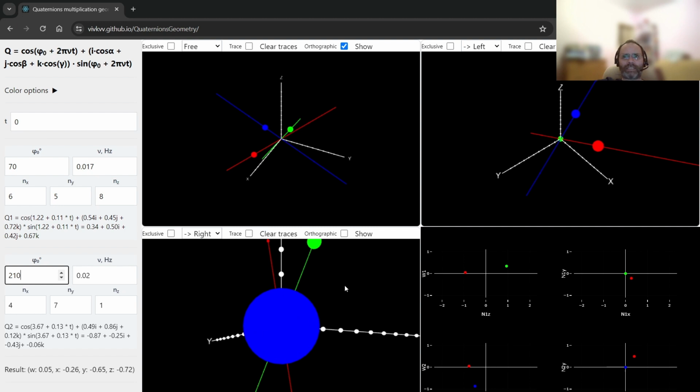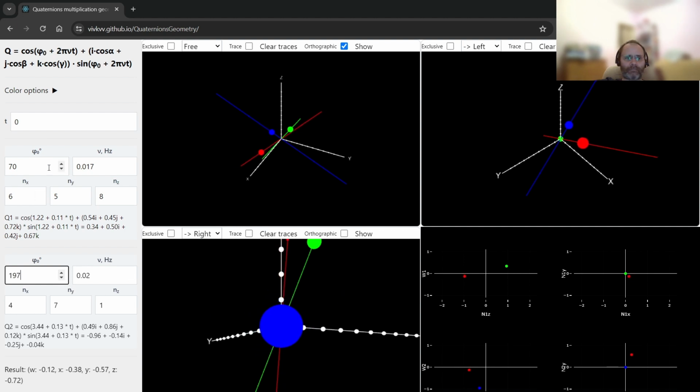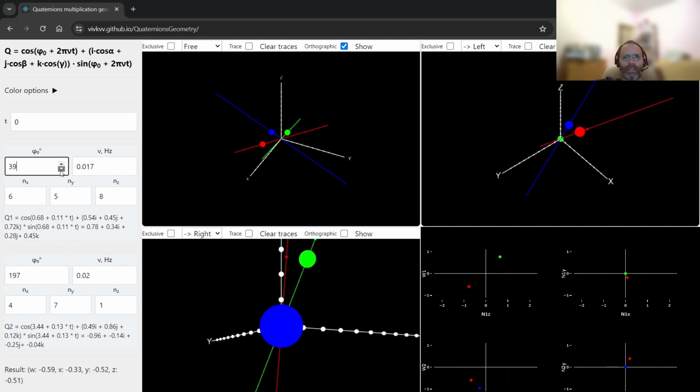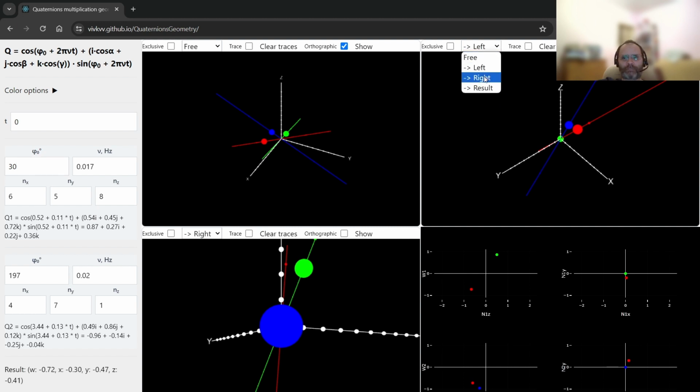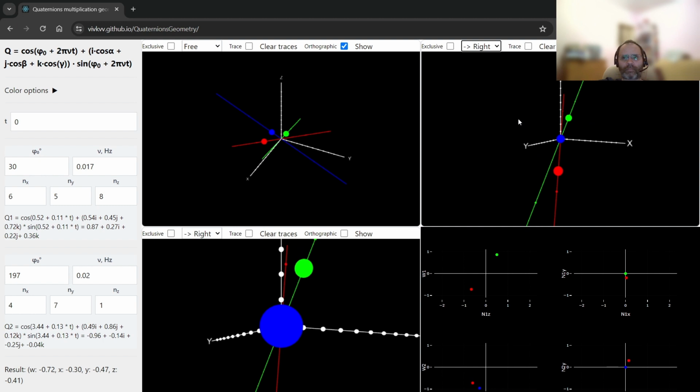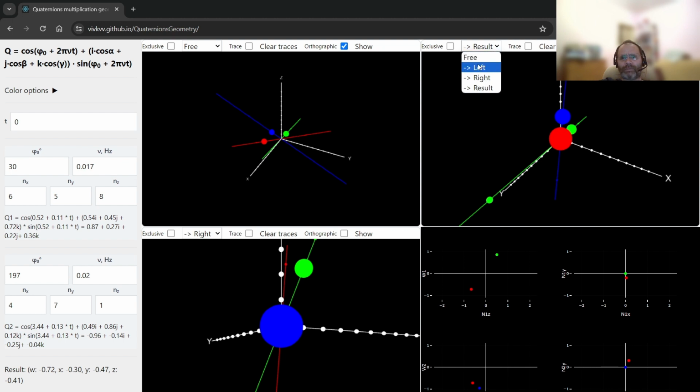But here the coordinate system is chosen so that the axis of the second quaternion is facing us. If desired, the coordinate system in each window can be changed. You can even choose a coordinate system in which the axis of the resulting quaternion faces the viewer. But this system did not prove itself, and I will return everything as it was.